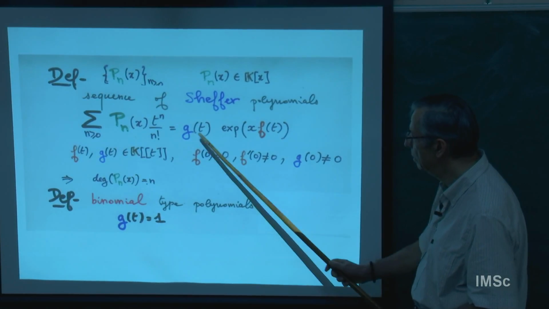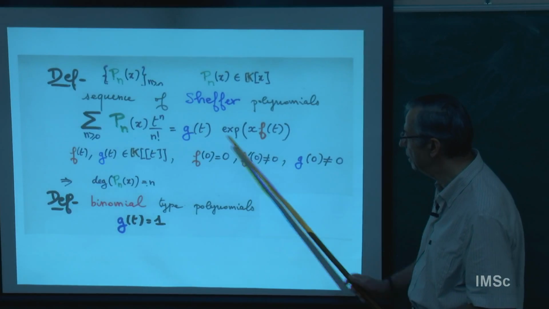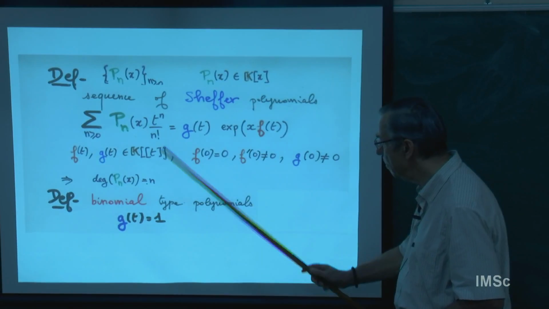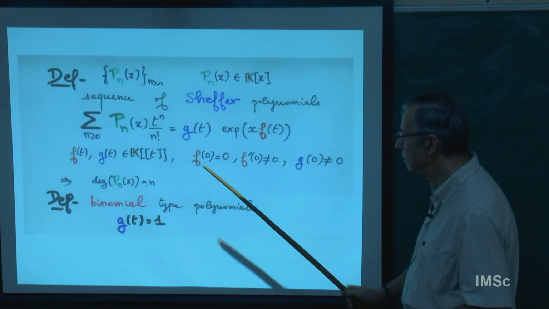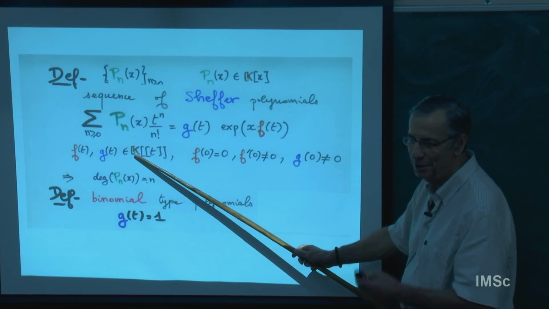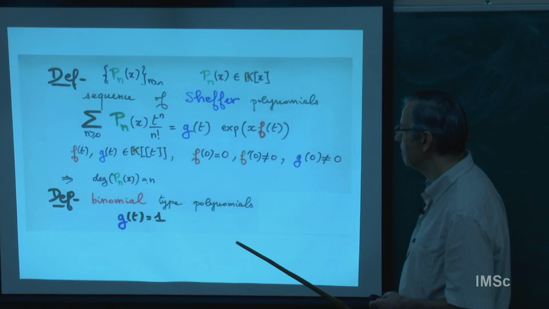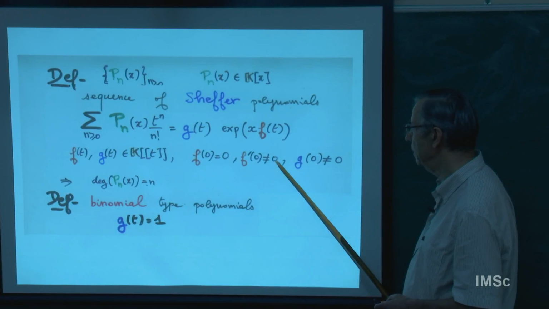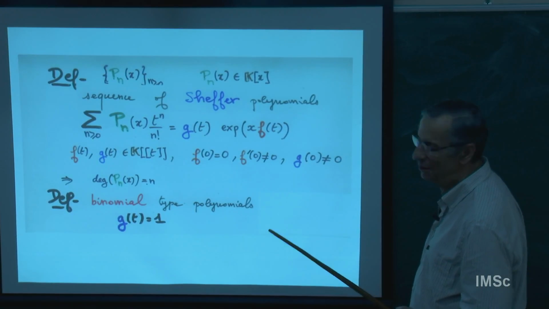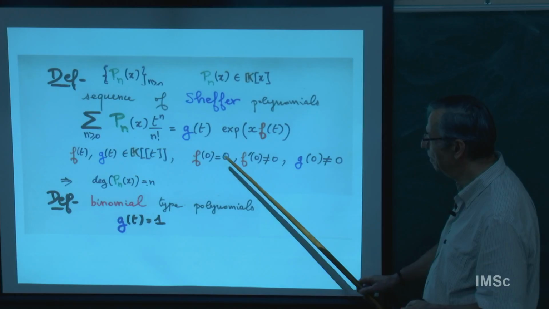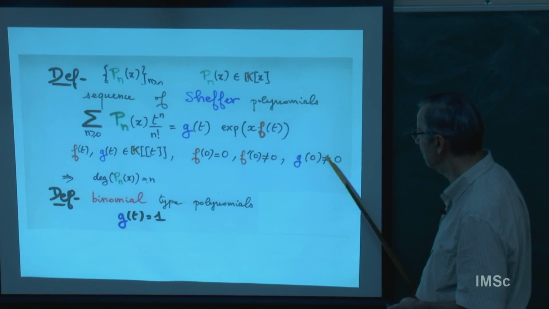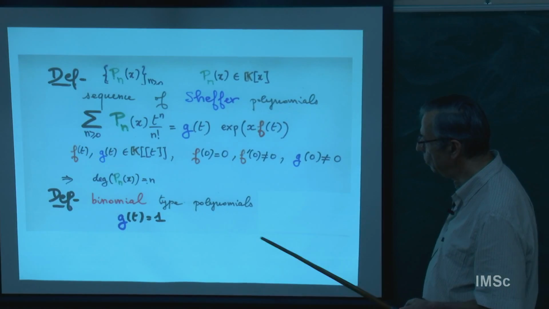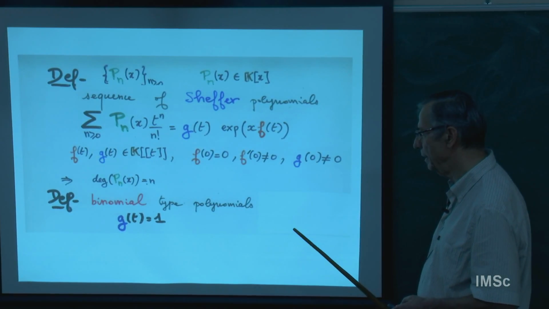There are two generating functions, G and F, which are in the ring of formal power series in one variable with some coefficients. This is another ring than the ring before. F is such that F(0) equals 0, F'(0) is different from 0, so that I can take an assembly of F-structures, and G(0) is not 0. And the degree of Pn is always n.